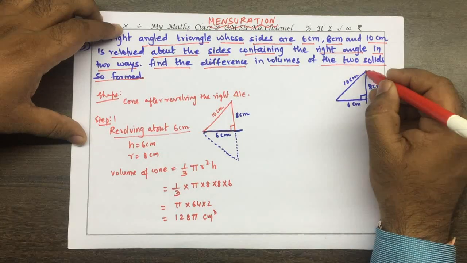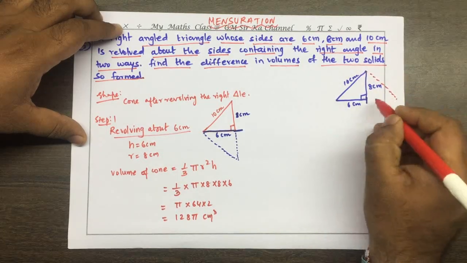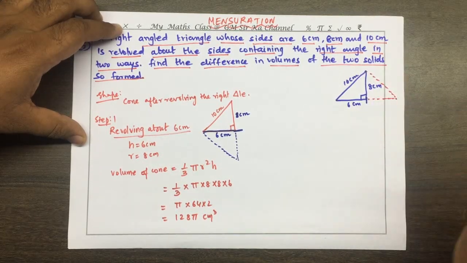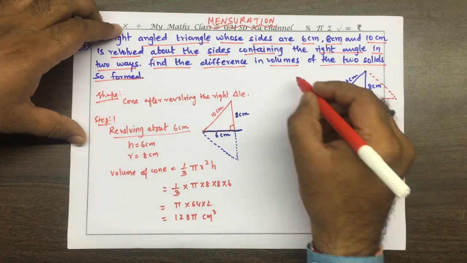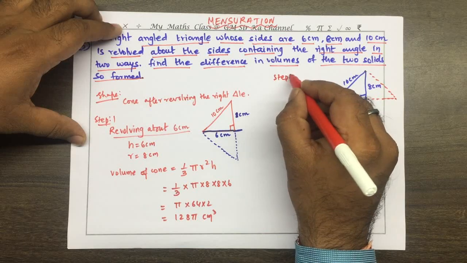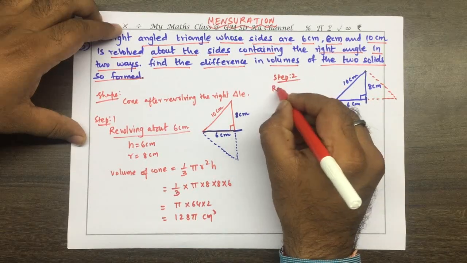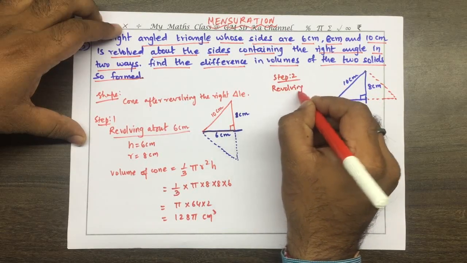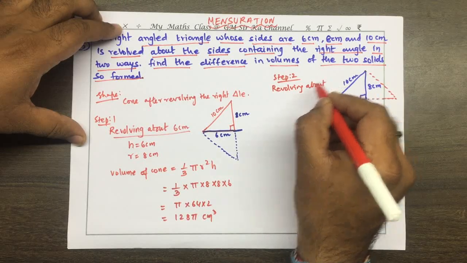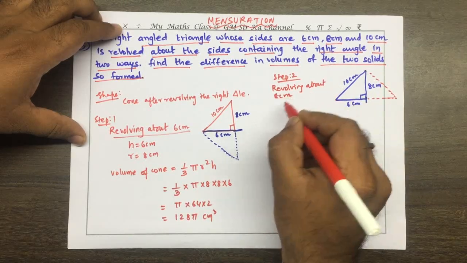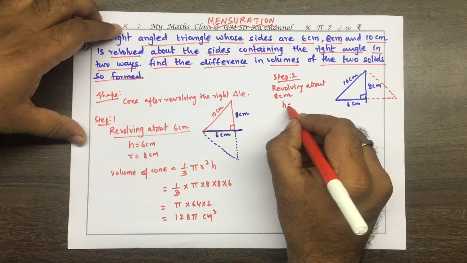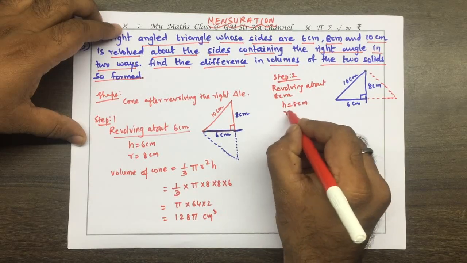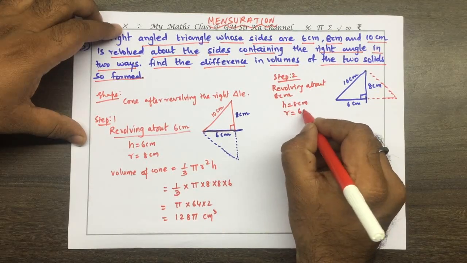So we have here height is, step 2, revolving about 8 centimeter. So height is 8 centimeter and the radius is 6 centimeter.